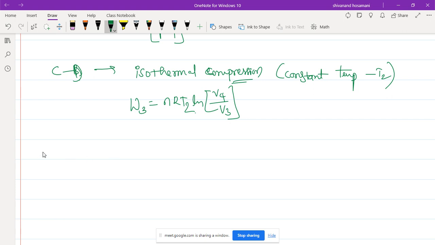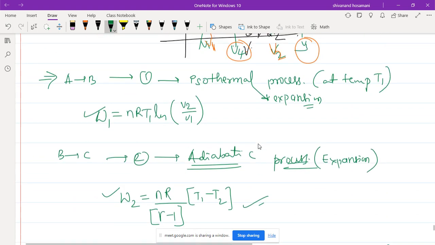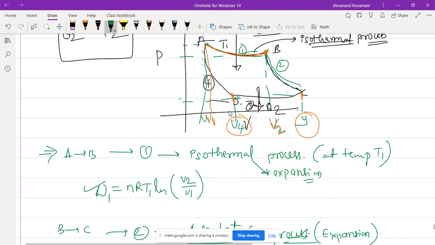Next is D to A, which is adiabatic compression. In adiabatic compression, where is it going from and to? It goes from T2 to T1, because initially D is at T2 temperature and A is at T1 temperature.